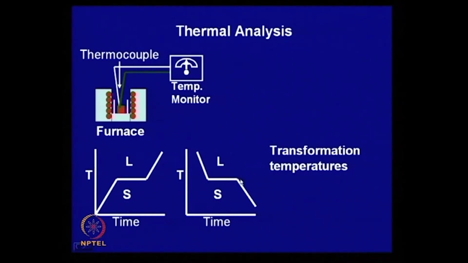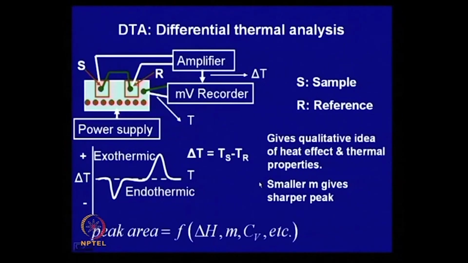The information that you get from the thermal analysis is the transformation temperatures. So, this is a case where, for a particular pure metal, we find its melting point. But we have much more sensitive equipment for thermal analysis, and these are well instrumented.